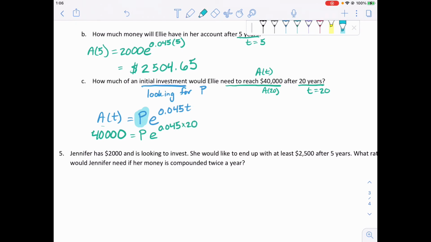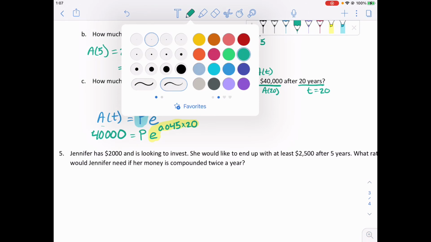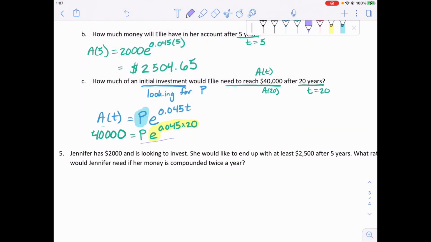Well, this quantity is just a number, right? So I have p times this. So that means I can solve for p by dividing by e to the 0.045 times 20 on both sides. And we get P is equal to 40,000 divided by e to the 0.045 times 20.